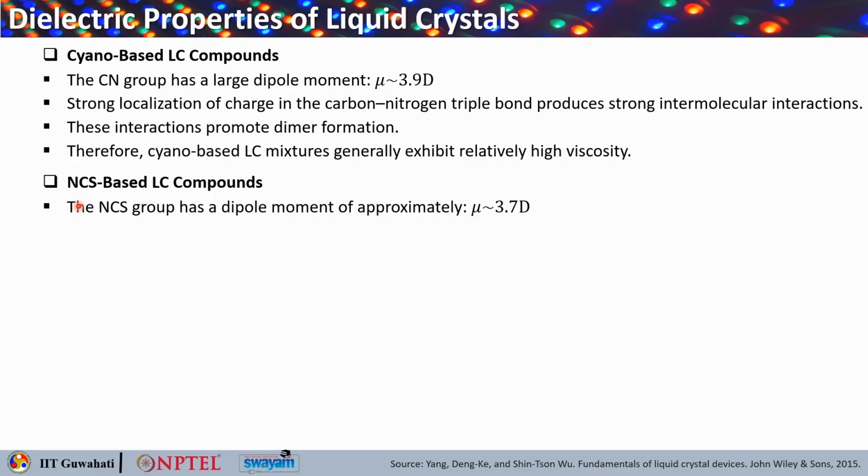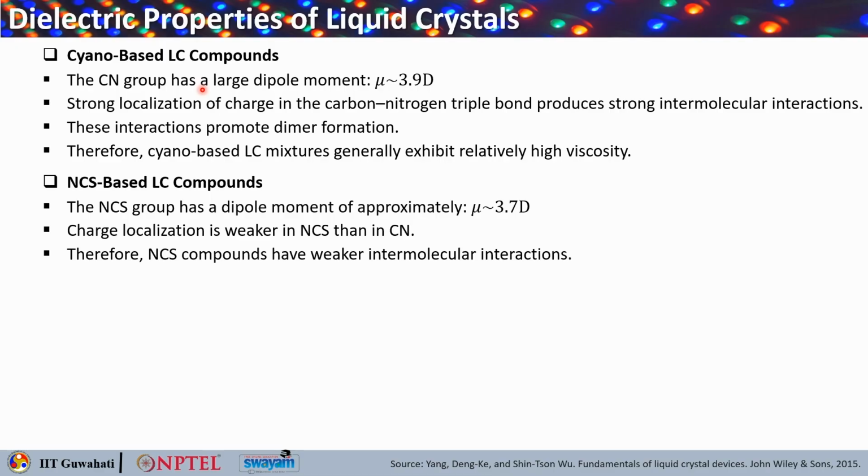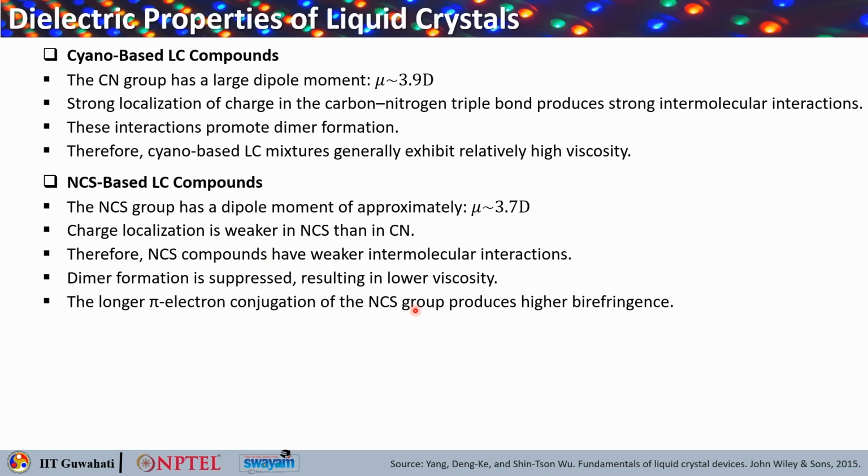Therefore, this kind of cyano based liquid crystal mixtures generally exhibit relatively high viscosity. On the other hand, the NCS based liquid crystal group has a dipole moment of around 3.7 D. The charge localization here is slightly weaker than that in the CN group, and so they will have weaker intermolecular interaction. As a result, the dimer formation is suppressed and you will get lower viscosity.